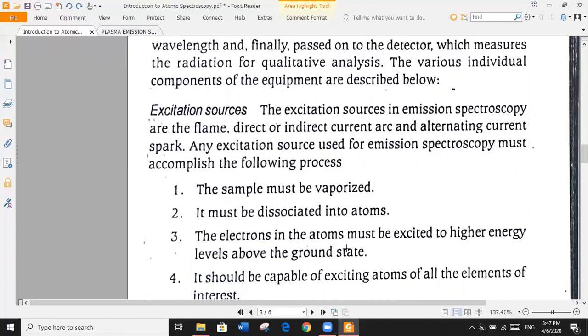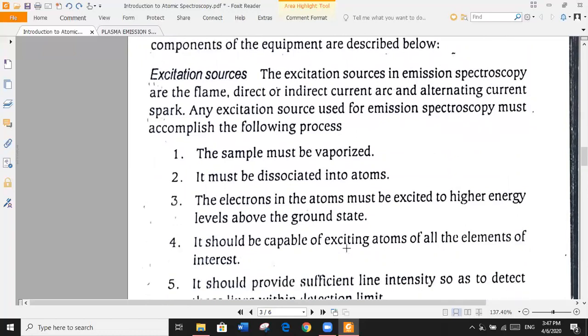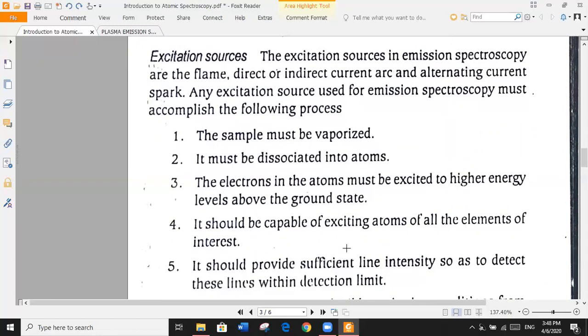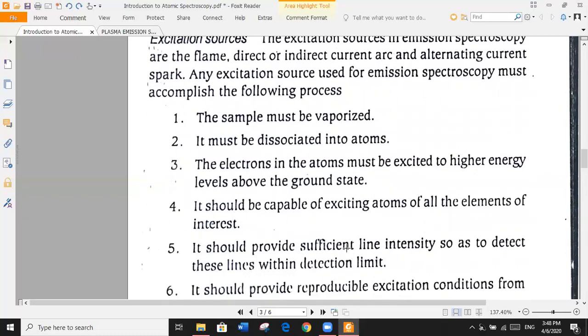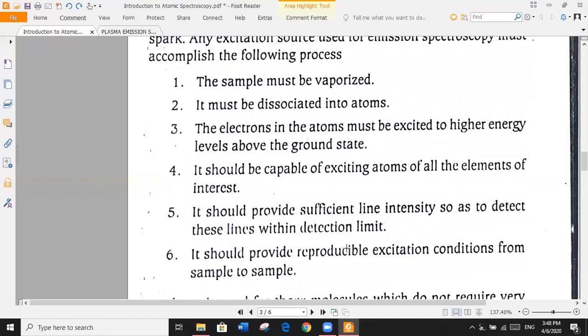The electrons in the atoms must be excited to higher energy levels above the ground state. It should be capable of exciting atoms of all the elements of interest. It should provide sufficient line intensity so as to detect these lines within the detection limit. It should provide reproducible excitation conditions from sample to sample.